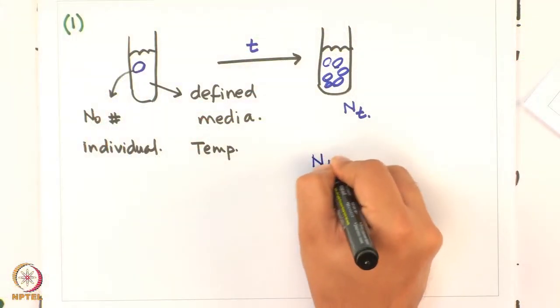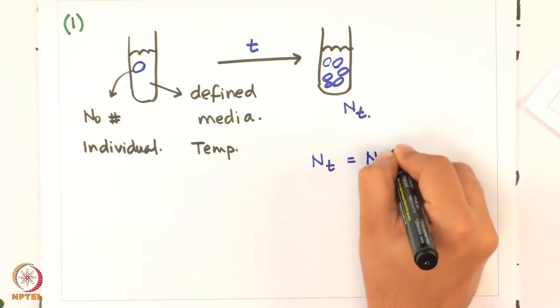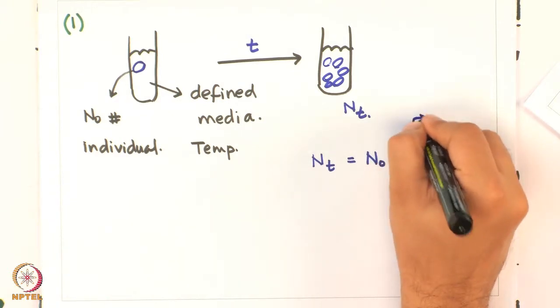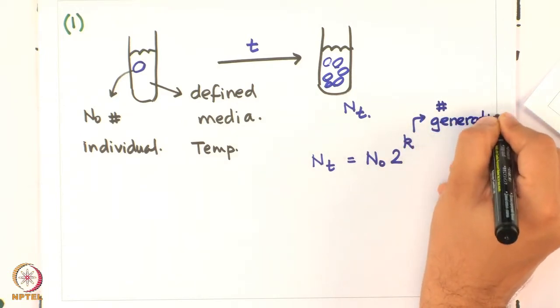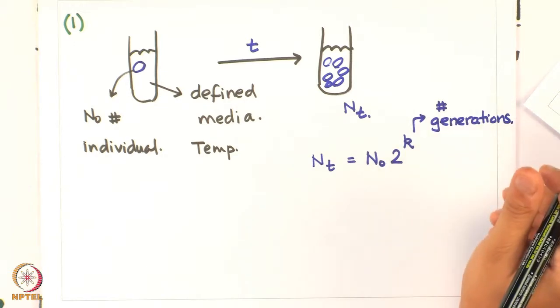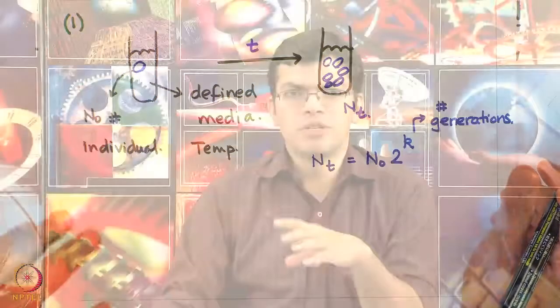And the way that you would calculate is something that we did at the very beginning of the course. You can simply represent that nt is equal to n naught into 2 to the power k, where k is the number of generations for which growth has taken place. Now, we also did something at the beginning of the course which told us that this relationship is not exact, but for the time that we are interested in, the difference between this representation and the differential calculus representation that we had done earlier in the course is not going to be very different, and hence this is a good enough approximation for what we are trying to find out now.